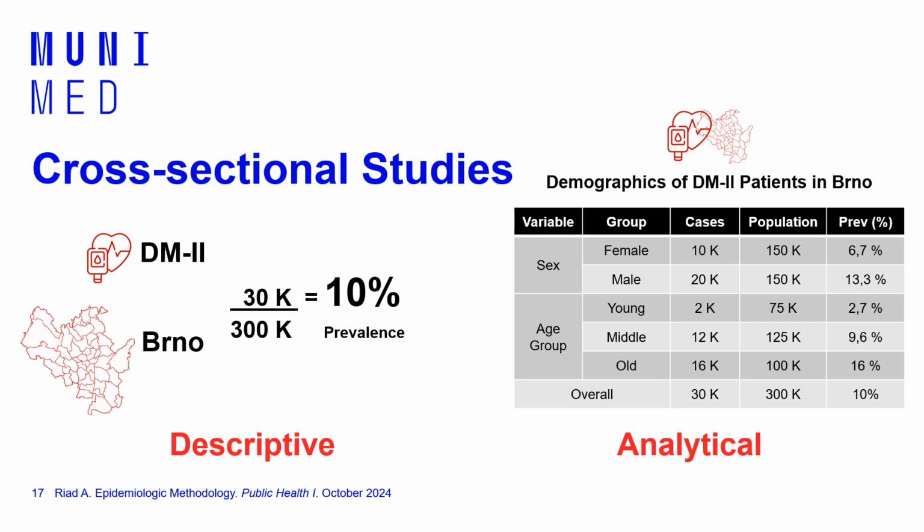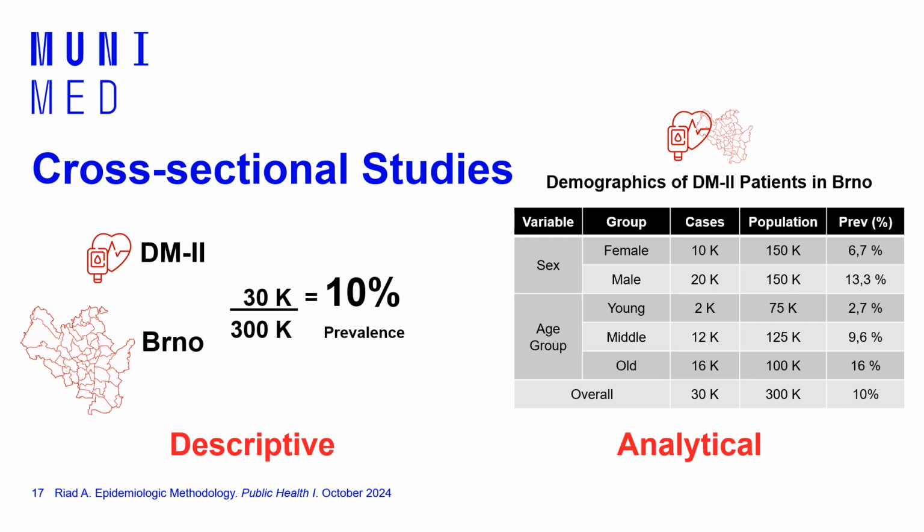However, if you did more investigation in this survey, or if you asked more questions in this survey regarding, for example, sex or age group, like in the table of this second part, you will probably be able to give some conclusions or some suggestions for what the potential risk factors for this problem are.